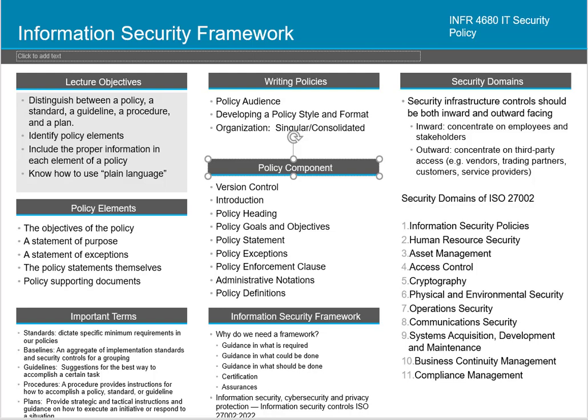And this establishes a number of different security domains. They control the security infrastructure internally within the company, that is inward, and outward, so externally facing. Right? So inward would refer to your employees and stakeholders, somebody that's already legally connected to your company. And then outward will concentrate on things like third parties.